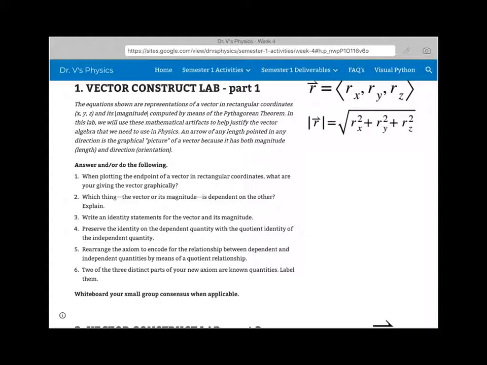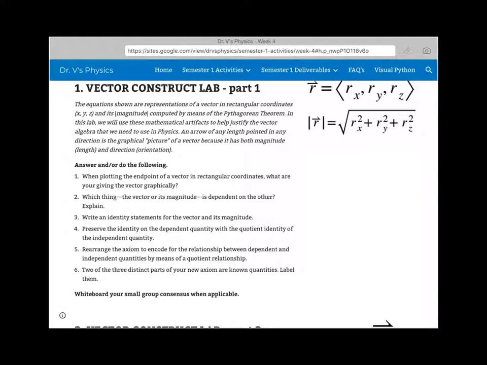Here would be an identity statement for the magnitude. Yay, so we've been around this block a few times, writing identity statements. Preserve the identity on the dependent quantity.